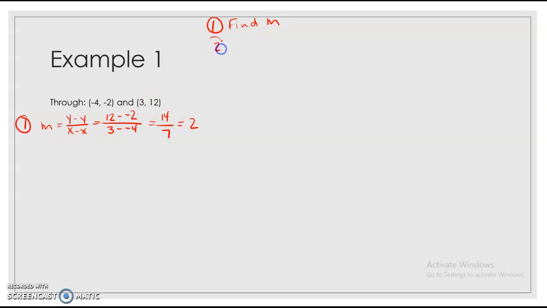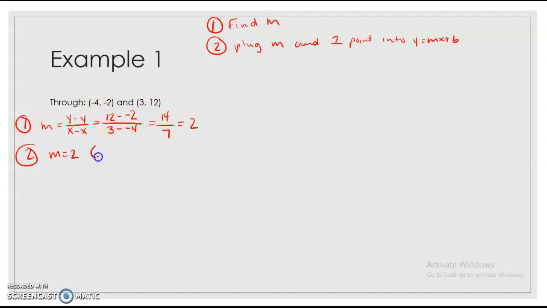Step 2, I am going to plug m and 1 point into our slope-intercept form, into y equals mx plus b. That's what I'm plugging into. We're working with the fact that m equals 2. You can choose either point.